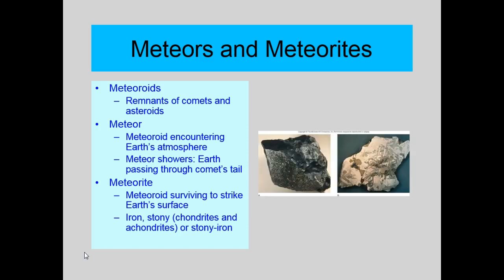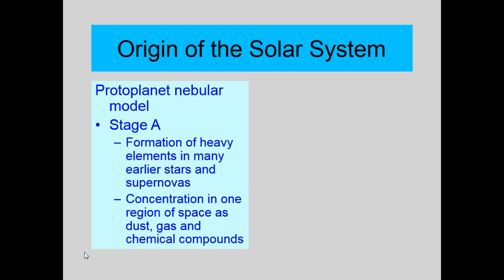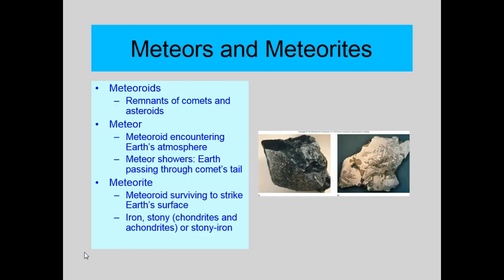Now, here's some pictures of some of those, and these are not quite the same pictures as the ones in the book, but the first one there, I think, is supposed to be a stony meteorite. Okay? Now that looks awfully dark to me, but it's stony.